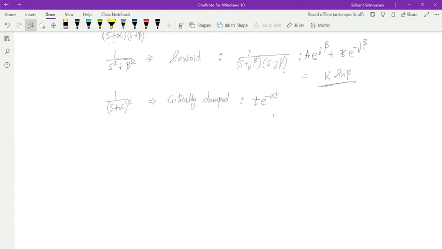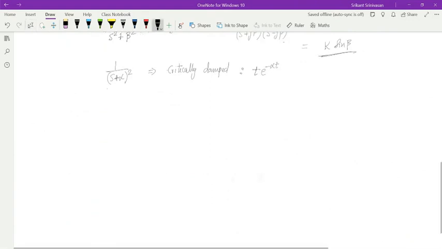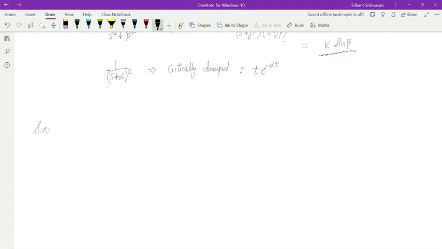What if you were to have a sinusoidal function? Again, let's go back to our original RL circuit. And now my input voltage is some V naught sine omega t, or let's say V naught cos omega t.